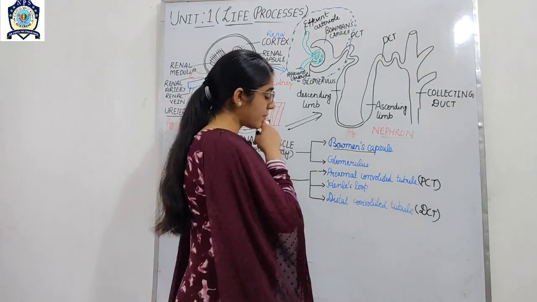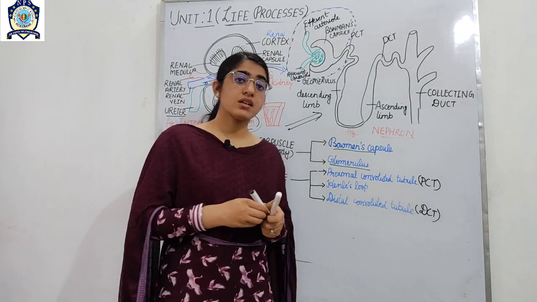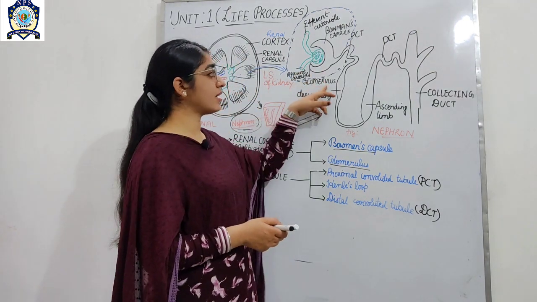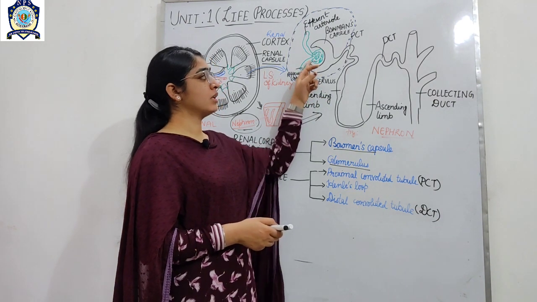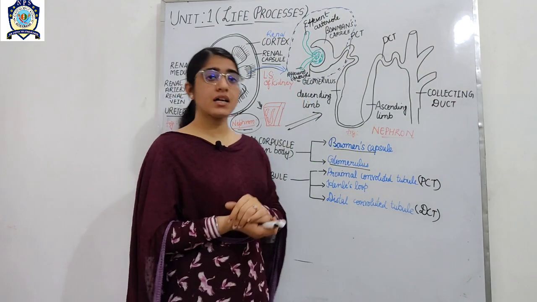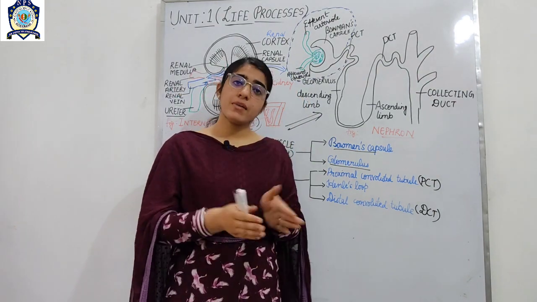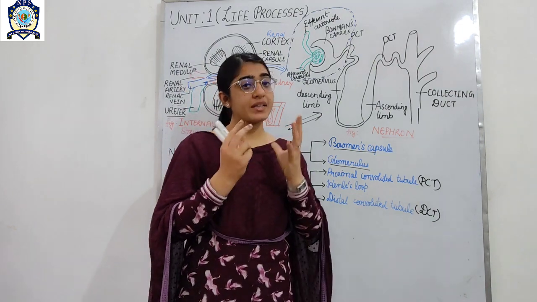If we talk about the second component, the glomerulus, as you can see, the afferent arteriole divides into the Bowman capsule to form capillaries.